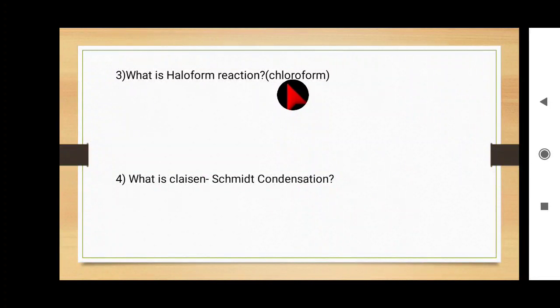In the general name we can see chloroform: chlorine is one of the halogens. Suppose we are using bromine, we can say bromoform. If you use iodine, we can say iodoform. So let us see chloroform.